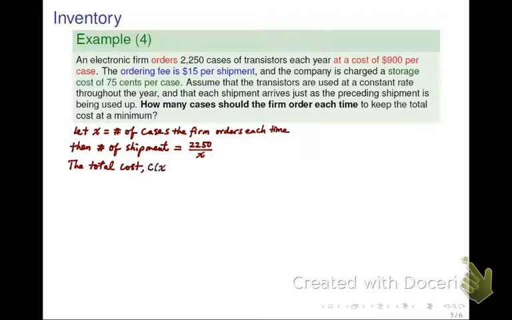Therefore the total cost function, which is represented by C of x, is a sum of the overall cost on different categories. So the first category is the purchase fee. The second category is the ordering fee. And the third category is a storage fee.